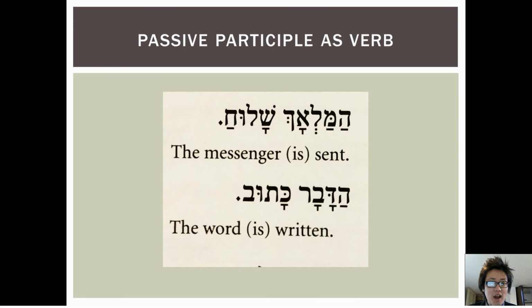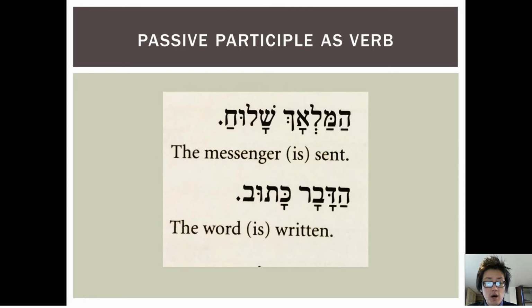I know some of the radicals are the same. The way you tell the difference is the aleph here, malach. So, as a passive verb, the messenger is sent. Shaluach. Here we see the shurek between the lamed and the chet, and the patach there, which we often see with verbs like noach or ruach that end with a chet and that have a shurek in between. So the messenger is sent.